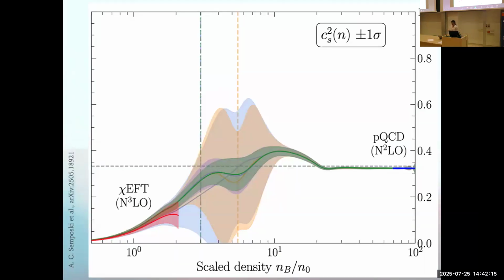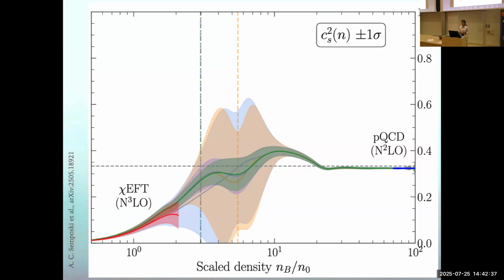At low values of density, there are some constraints from calculations such as, in this case, chiral effective field theory. Also, for very high values of baryon density, we have calculations from perturbative QCD. How to connect these two regimes is model dependent.